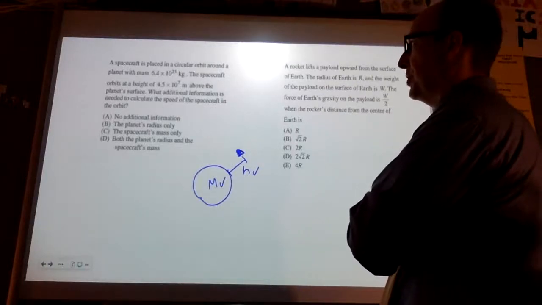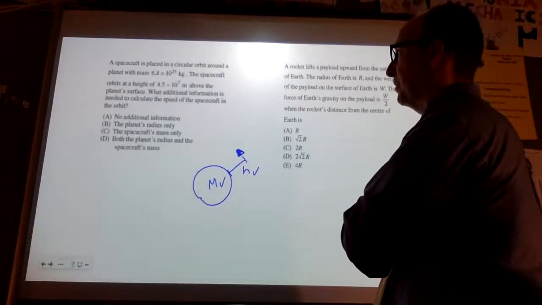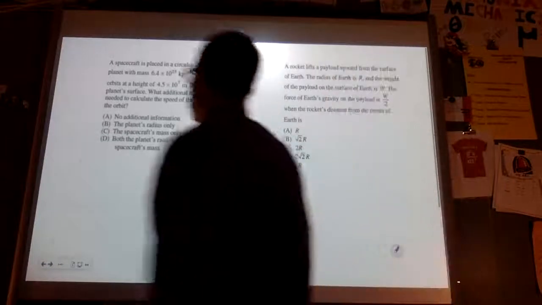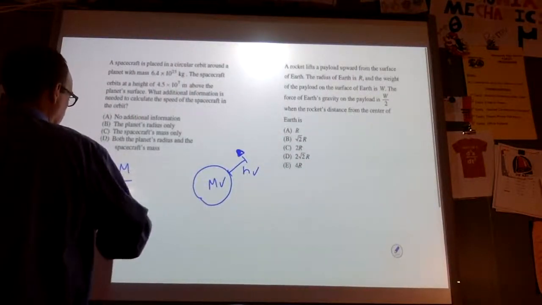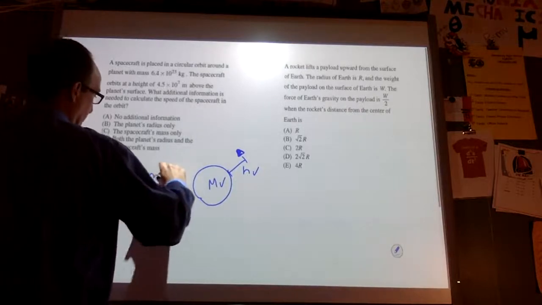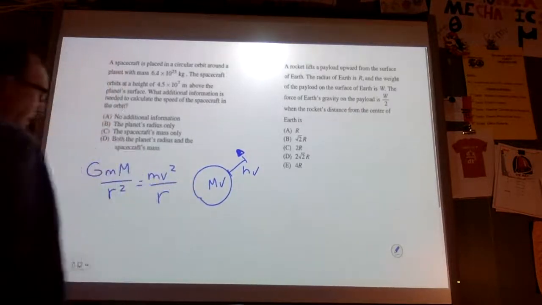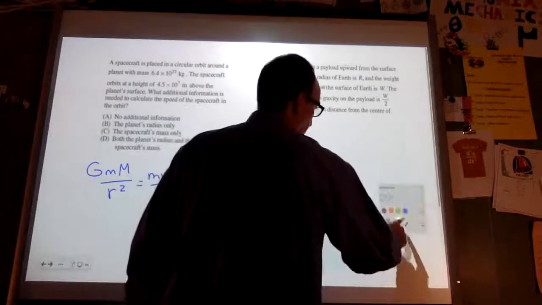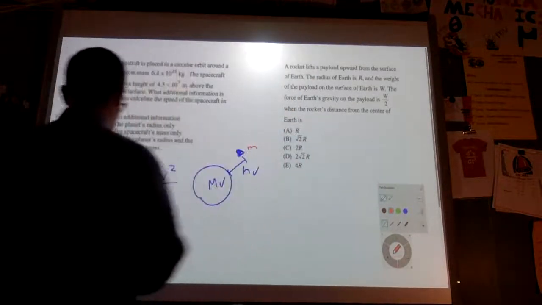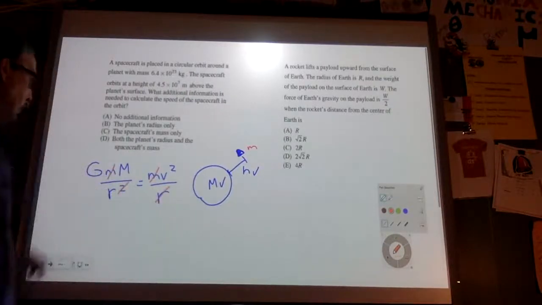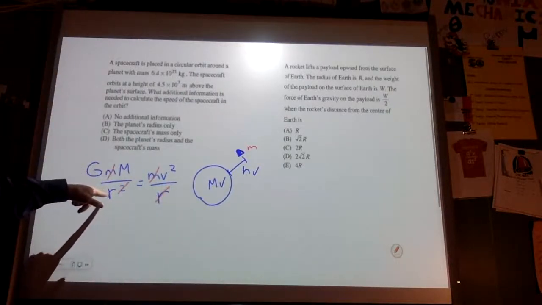What additional information is needed to calculate the speed of the spacecraft in orbit? So we would need, we have the force, we have the F net, we don't need the spacecraft's mass, the little m. We do need 1 over r.